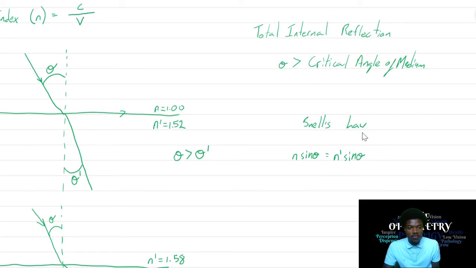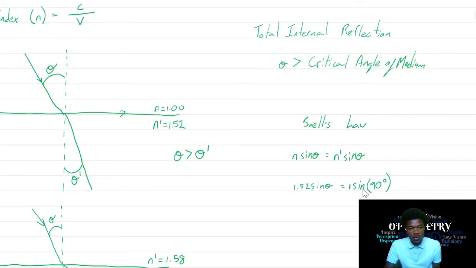So as I said, to find the critical angle of, let's say, crown glass, we're going to set the angle of refraction to 90 degrees. So 1.52 sine theta equals 1, which is the refractive index of the other medium, times sine 90 degrees.